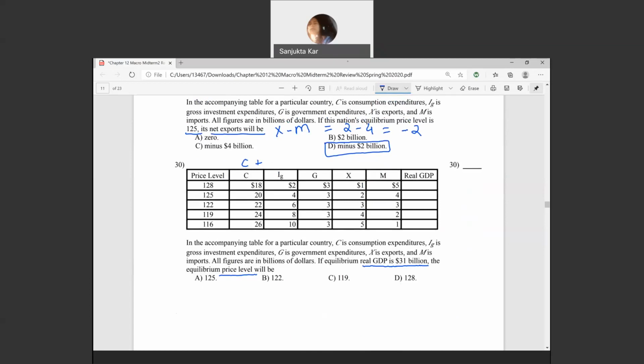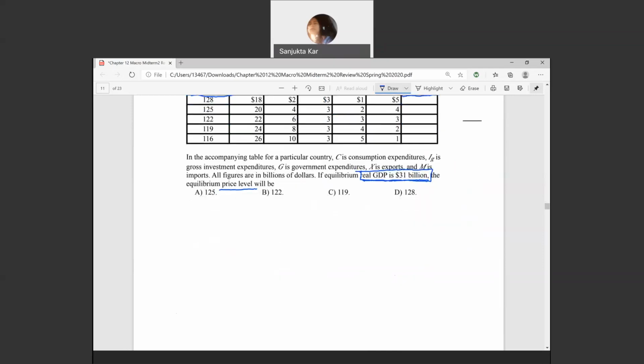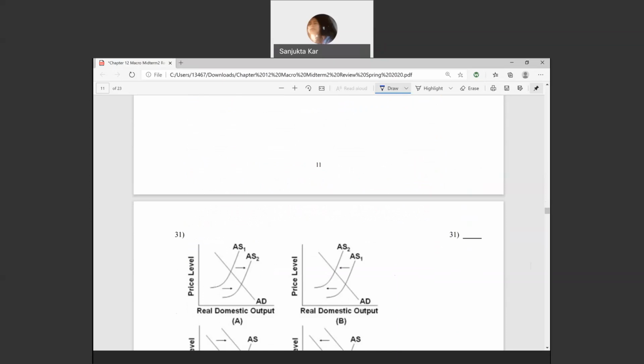You are going to add C plus I plus G, add exports, from that you subtract imports, you will get the values of real gross domestic product, and you would look for the value where the real gross domestic product is 31 billion, and then you look at the price levels and you are going to find your answer to this problem. I'm not going to do it right now here. I'm just going to leave it to you to do it because that question is very simple.